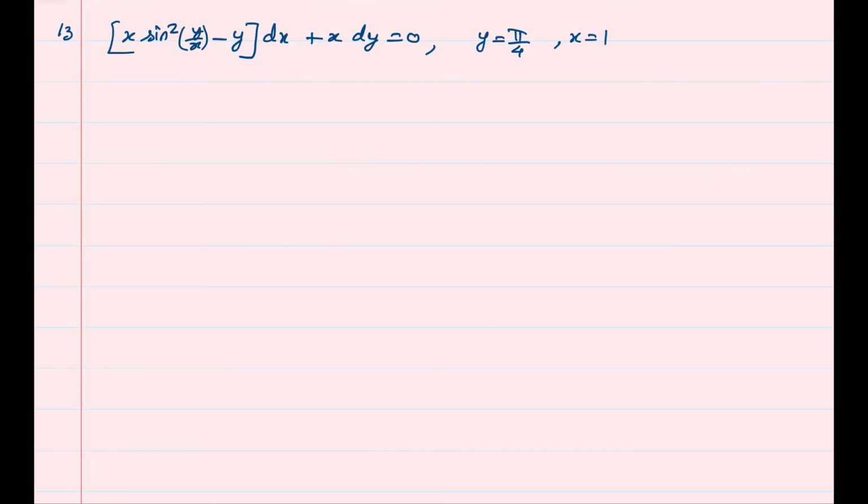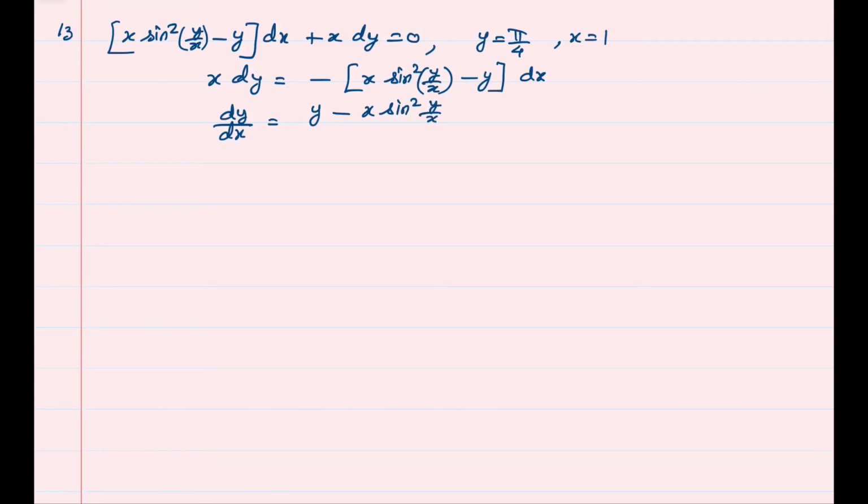It has to be homogeneous. x dy is equal to minus of (x sine square (y by x) minus y) dx. Therefore, dy by dx is, let us distribute the negative sign, (y minus x sine square (y by x)) divided by x. We will substitute y as vx.